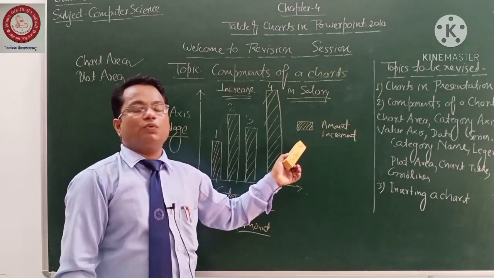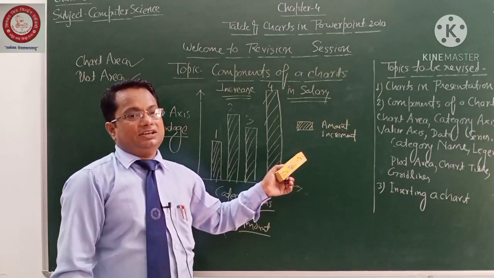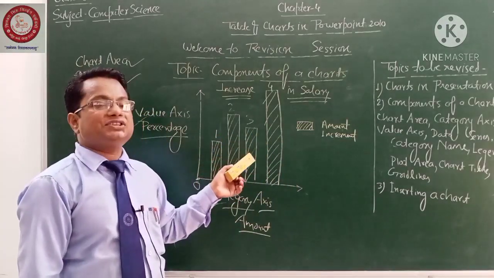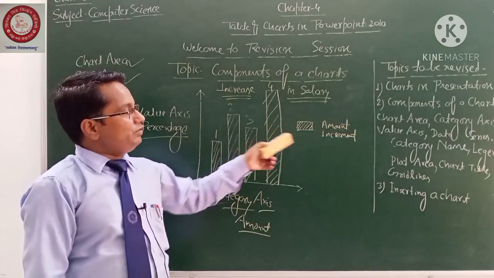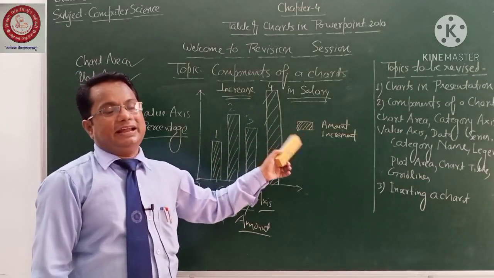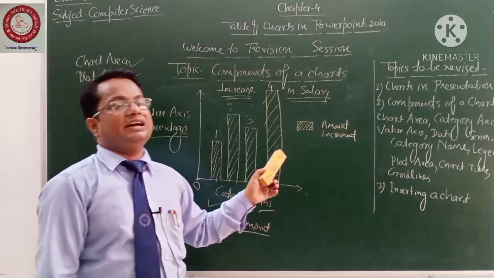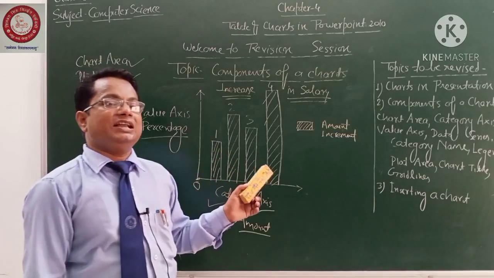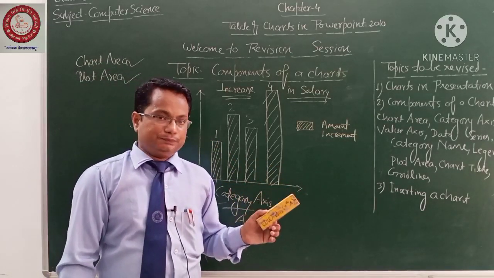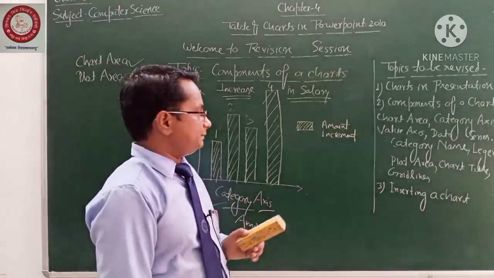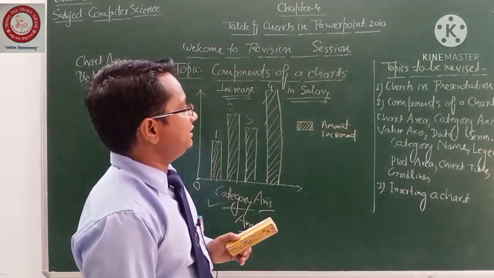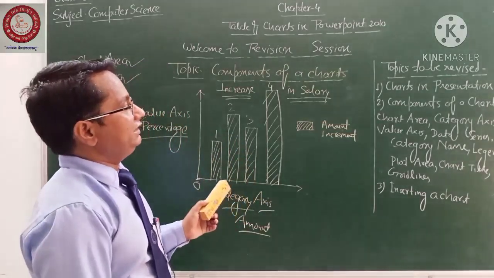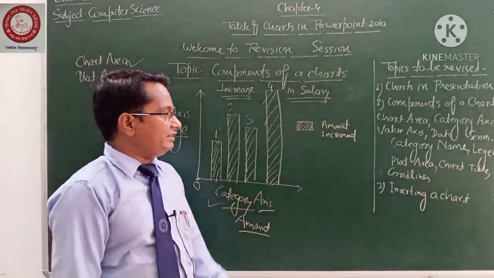So this is called a legend. If you use two different colors for two different bars, at that time you have to use two legends, and those two legends have different names also. I hope you are able to understand each and everything I am trying to teach you, okay, students? Now, after this, I have given the category name, category axis, chart title, chart area, value axis.